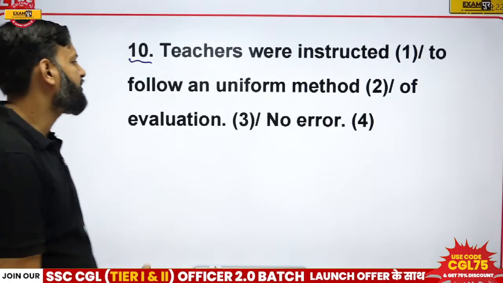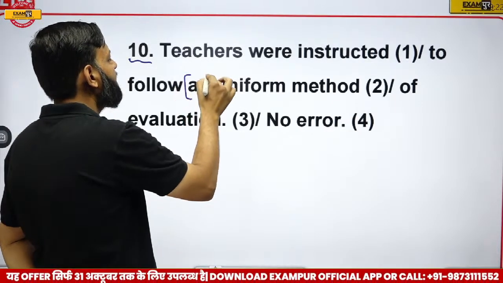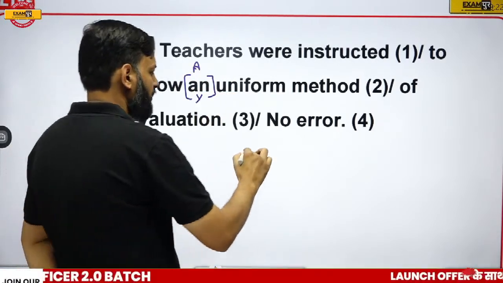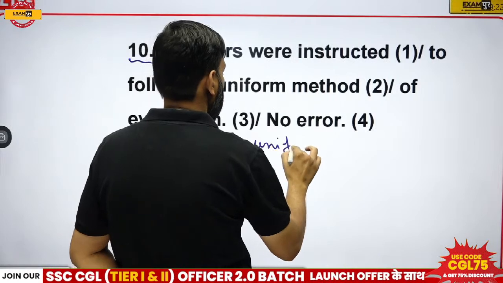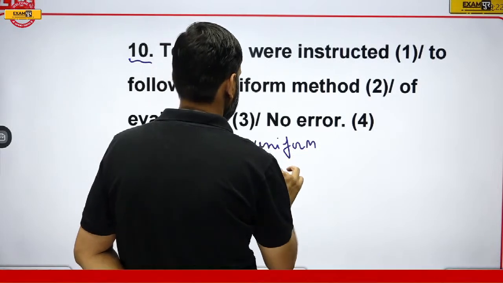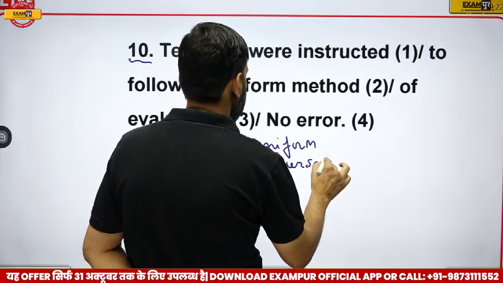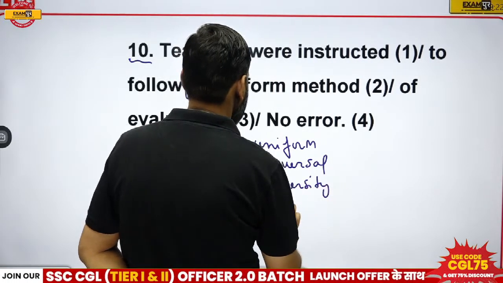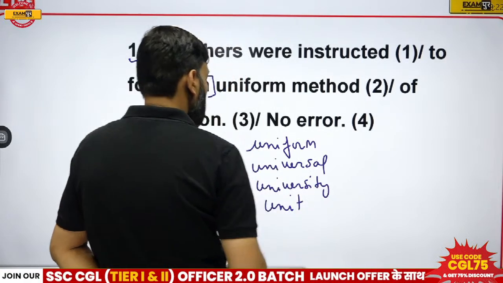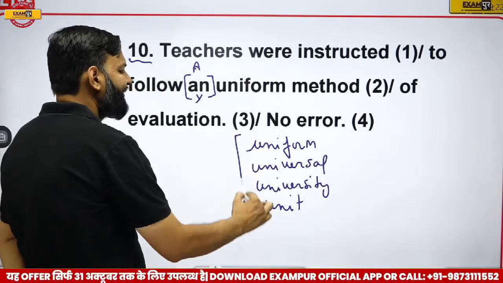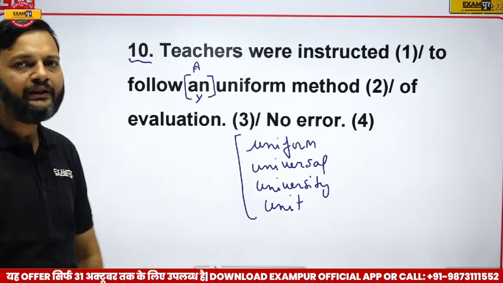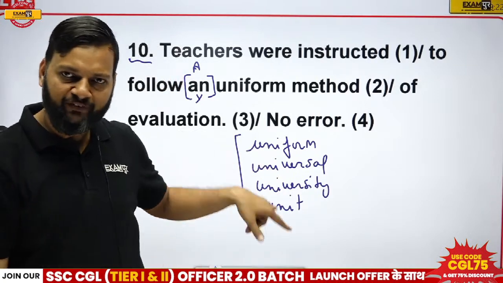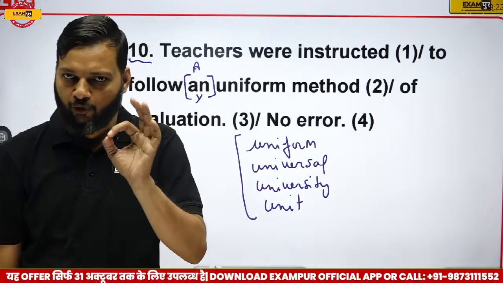See, in this sentence, an will be replaced by a. Okay, because uniform, universal, university, unit, although these words start with a vowel, the sound of these words is of a consonant.